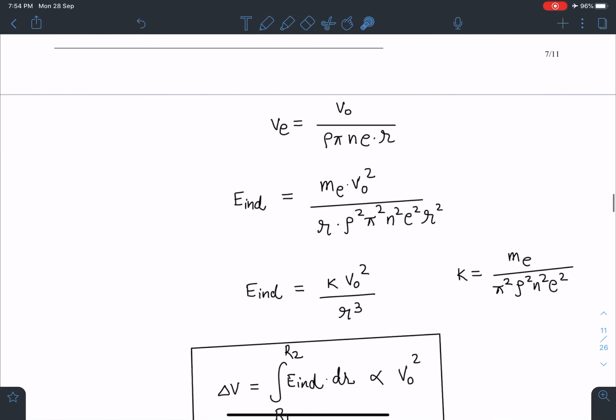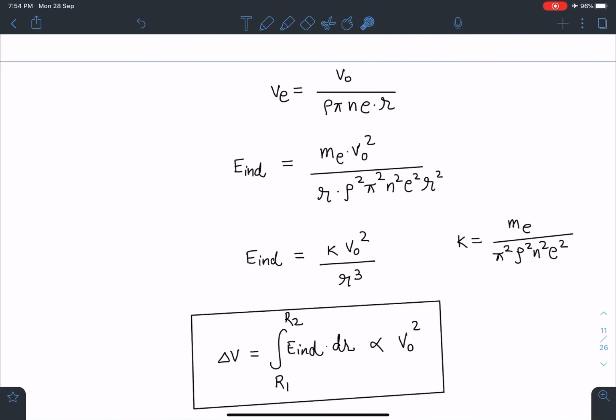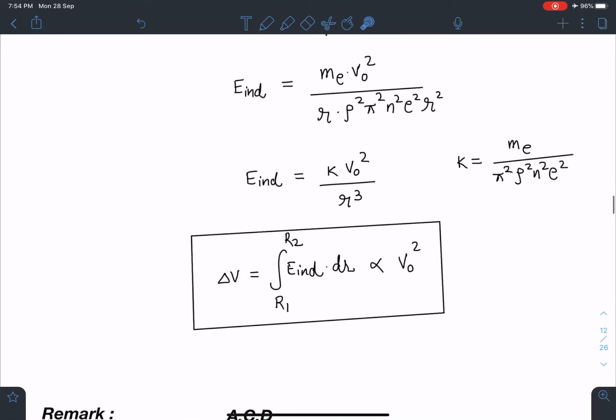If you substitute this v_e value, you'll get the induced electric field. After substituting I get a very big expression, but when you simplify, taking this big number as a constant k, E induced comes out as k V naught square by r cube. So the potential difference I can write directly as the integral from R1 to R2 of E dr. Definitely it is proportional to V naught square, because E is proportional to V naught square.